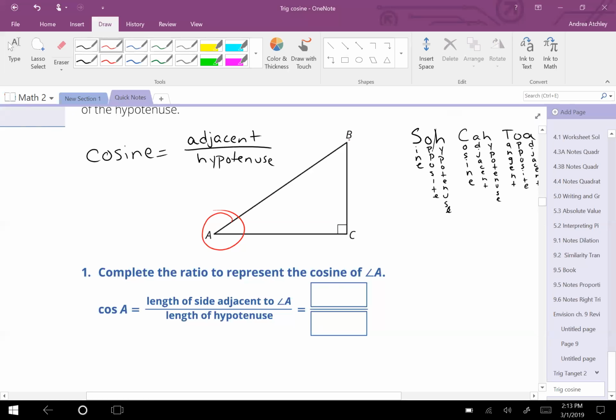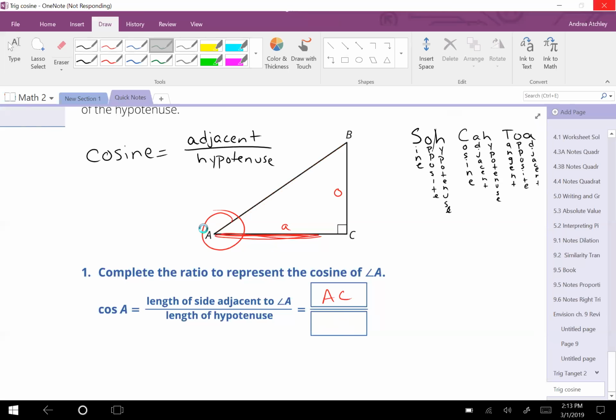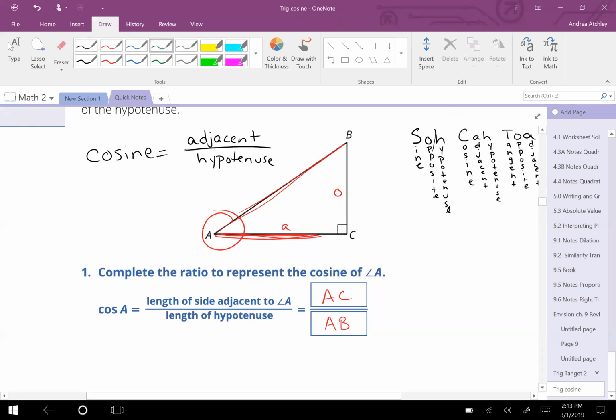B to C. Is adjacent? AC is adjacent because it touches the angle. BC would be the opposite side. So AC is my adjacent side. Ryan O, what is the hypotenuse then? AB. It is the hypotenuse, the side opposite the right angle. Any questions over that? We're all good?